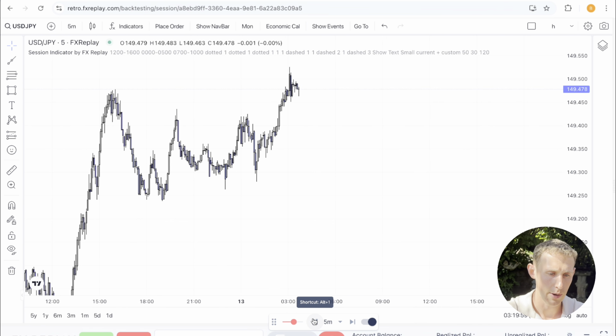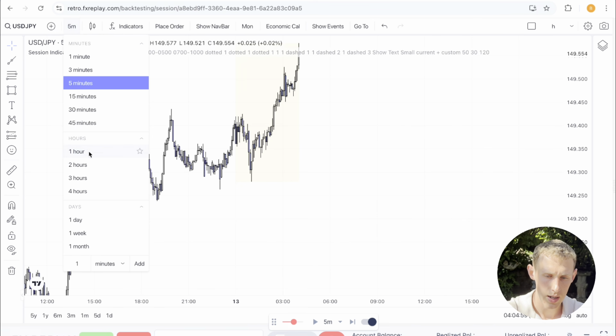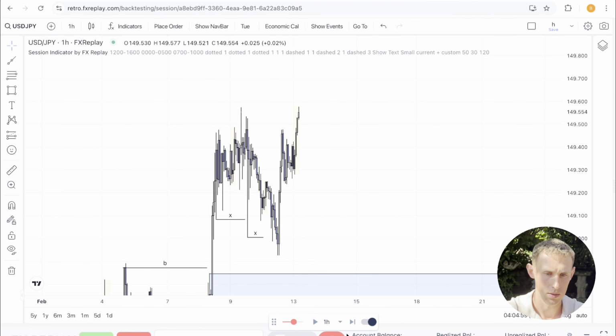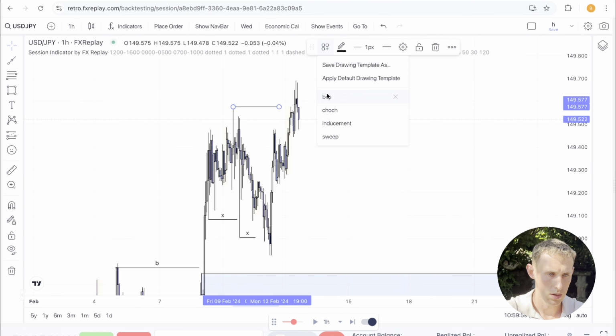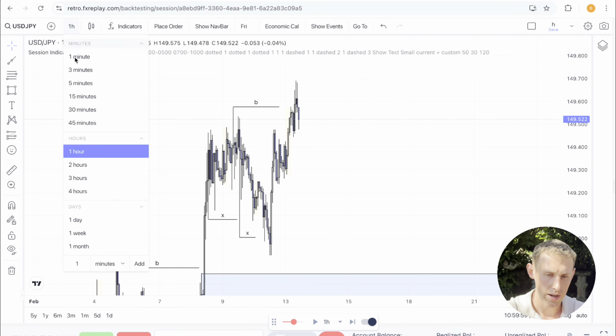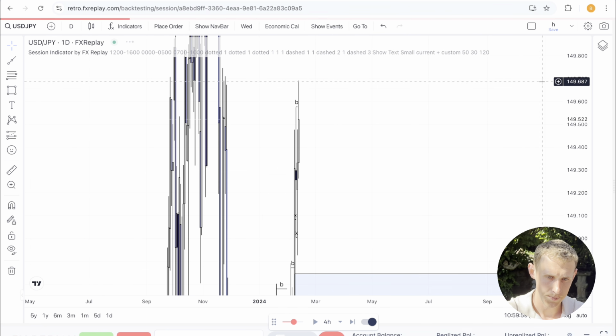Yeah, not really anything I would be doing there. Yeah, there we go. So you can see price broke the main structure again as well. Unfortunately, we didn't get an entry on that, but analysis was spot on.